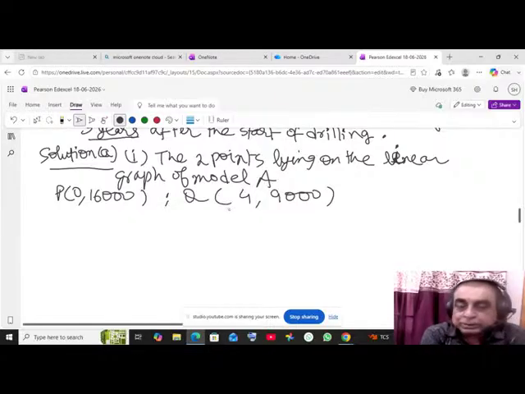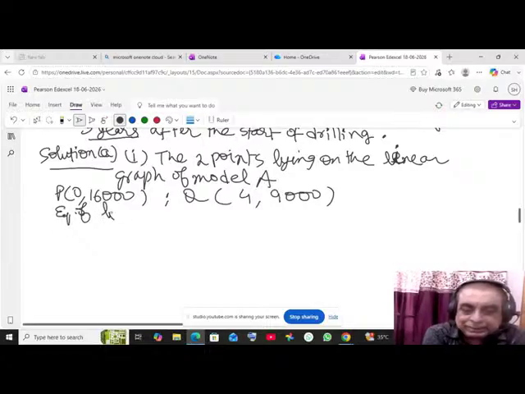Now, when you get 2 points on the linear graph, the equation of the linear graph of model A is this.